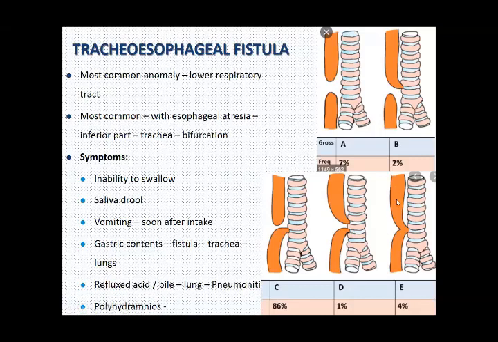In contrast, in this type, the upper end and the lower end of the esophagus communicate with the trachea via a common opening. Here the esophagus opens with two separate openings. This is just 1%, whereas this one is 4%. In this one, the two ends of the esophagus open into the trachea via a common opening.